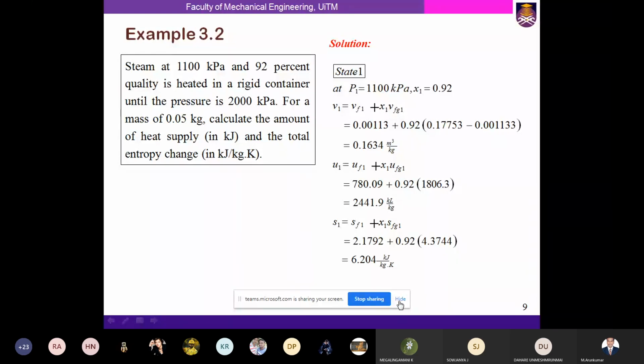Steam at 1000 kilopascal and 92 percent. Right, so we have P and we have X. Are you connected?